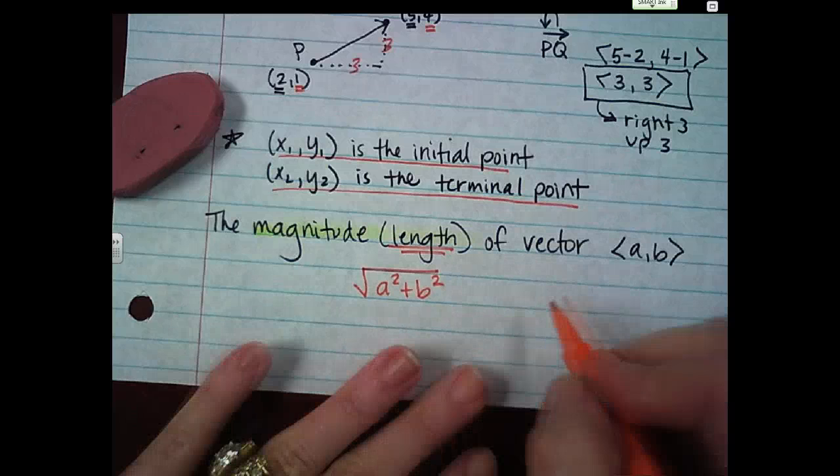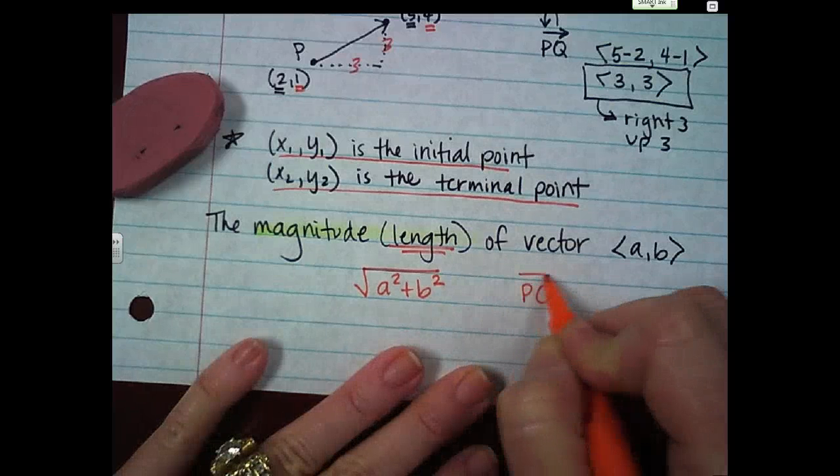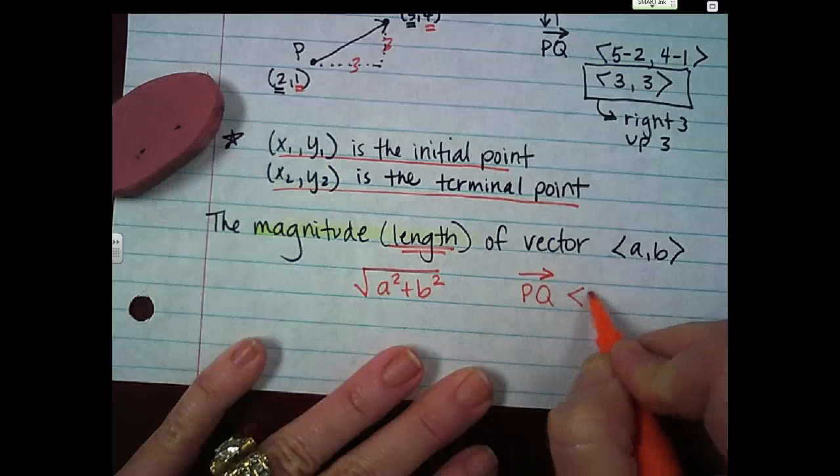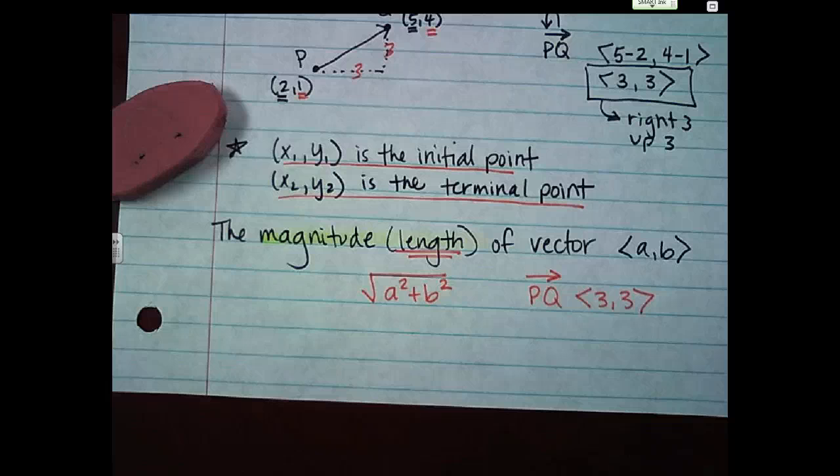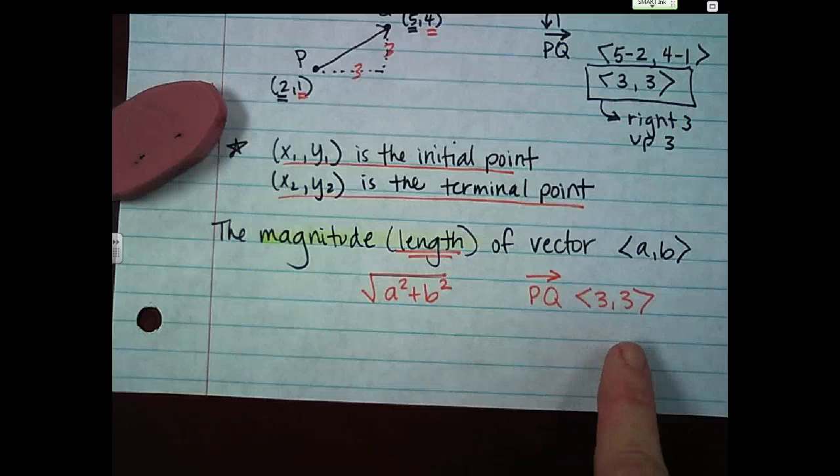So we already decided that PQ, the vector, was ⟨3, 3⟩. Okay, it's direction and speed. But now, we want to find the length of it, or the magnitude. And it's written kind of strange.